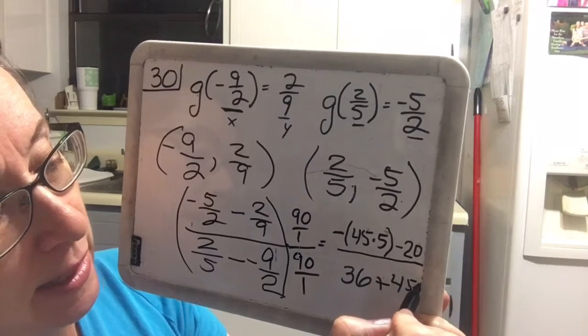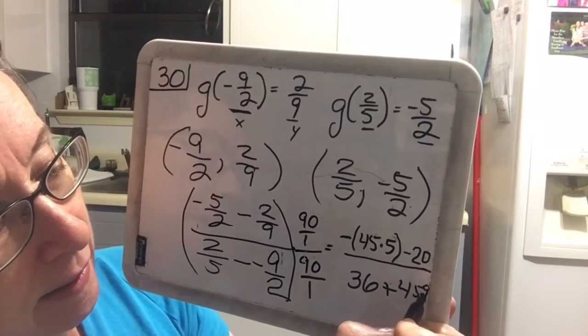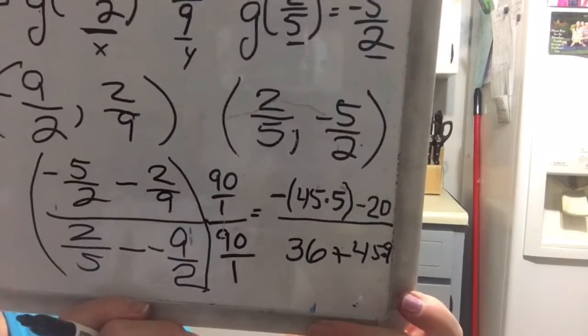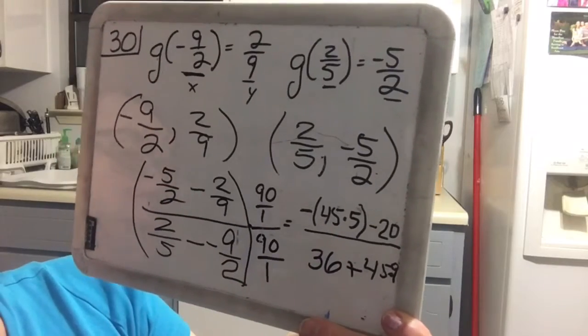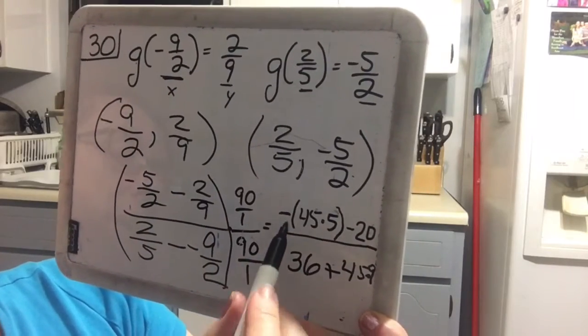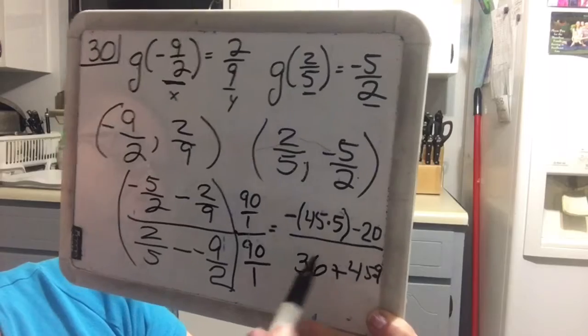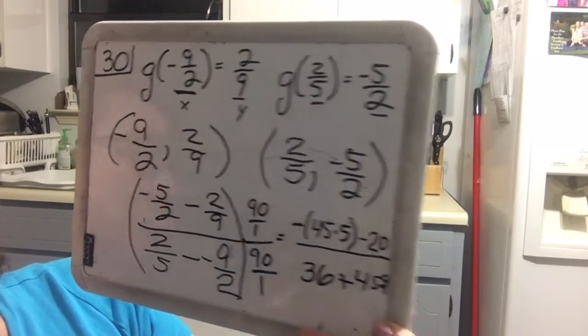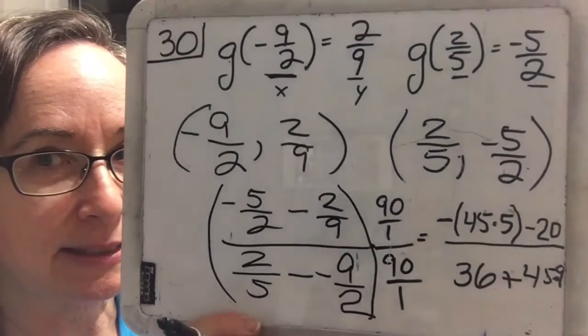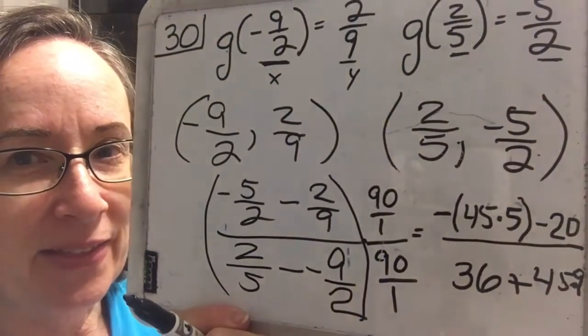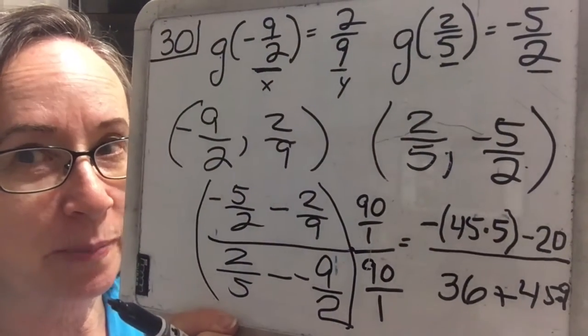That's what I've got right now. I've got a lot of math to do. I've got to multiply 45 times 5, take the opposite of that, add it to negative 20. That's a lot of math. But the cool thing is that usually there's a trick if you're persistent.